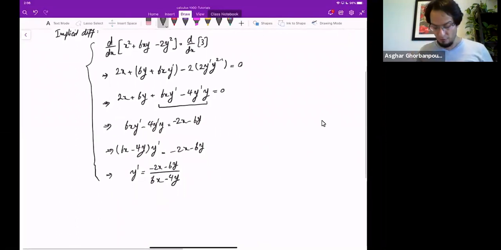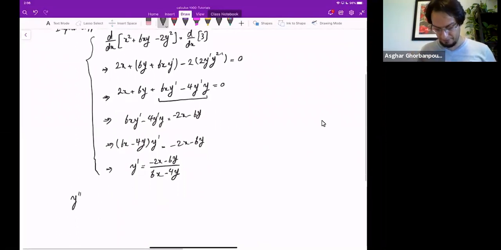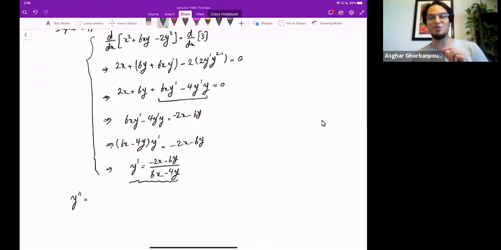But then for the second derivative, what you have to know, and this is very important, is that you don't need to do implicit differentiation again. What you need to do is look at the equation which gives you y prime.